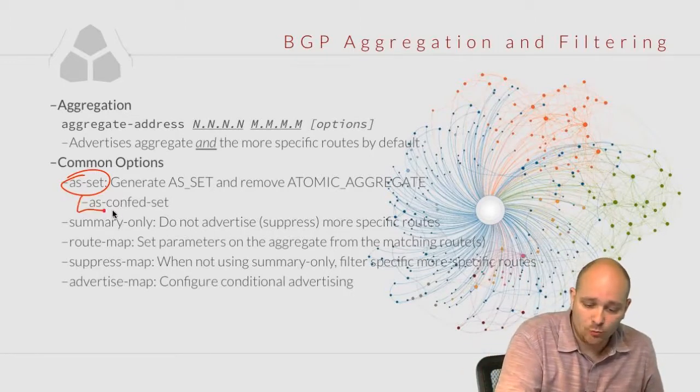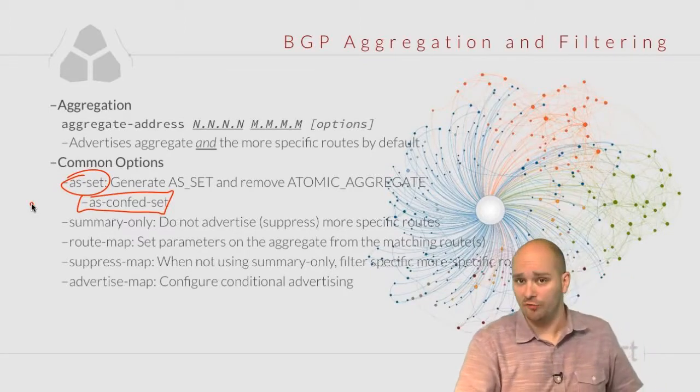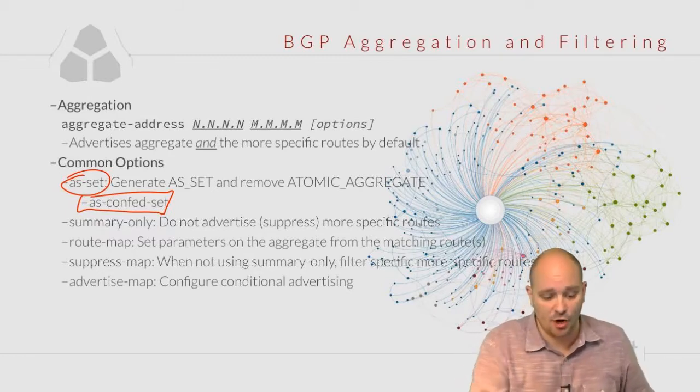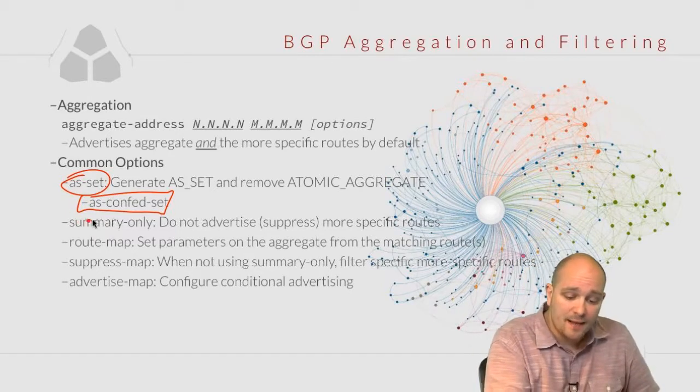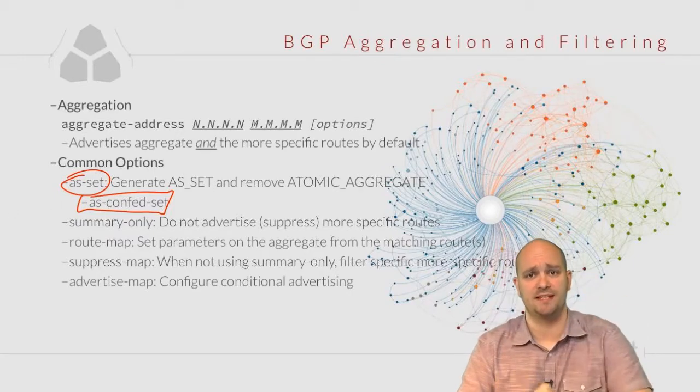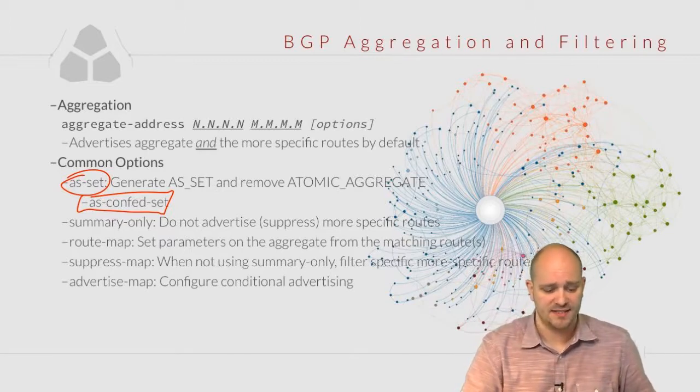Similarly to AS set, we have the option of AS confed set. Now, this is going to be used obviously when we have summarization in the confederation scenario, and this is going to list the information about subautonomous systems when creating the summary.